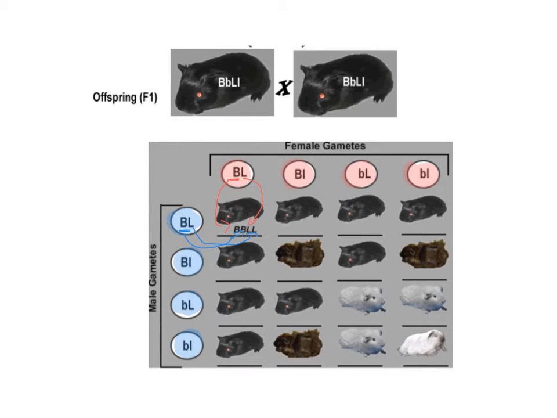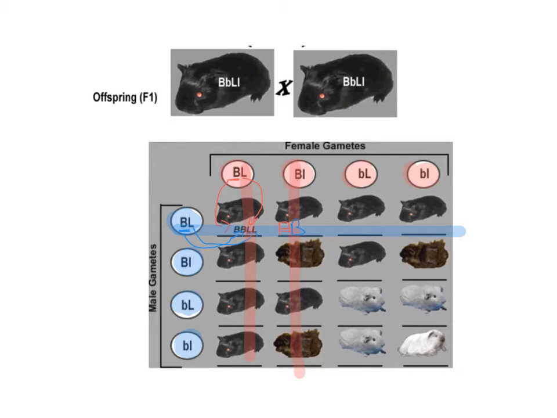Let's go ahead and continue this row. We're going to move across with dad's gametes and down with mom's. Mom gave a big B, because mom's gametes move down, and so did dad.